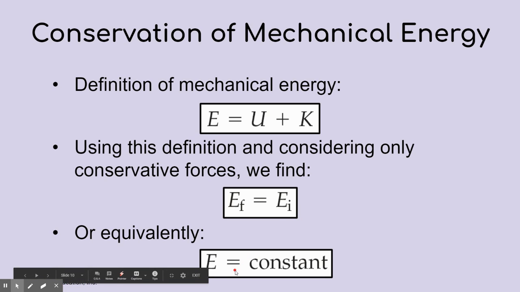So we can just say that E is constant because its value does not change. Even if non-conservative forces are involved, where mechanical energy is maybe converted to thermal energy, when we consider all forms of energy, we will still see that the energy is conserved.